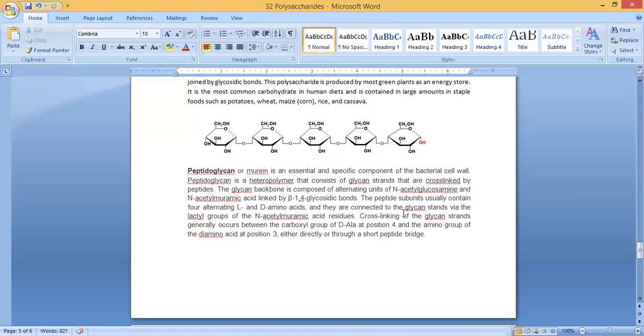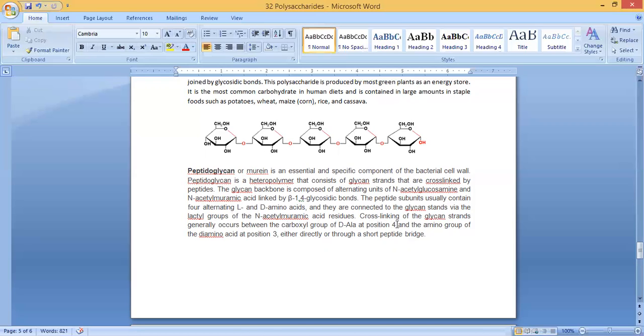The peptide subunits usually contain four alternating L and D amino acids, and they are connected to the glycan strand via the lactyl group of the N-acetylmuramic acid residues.